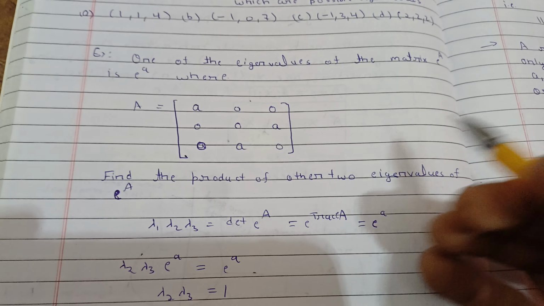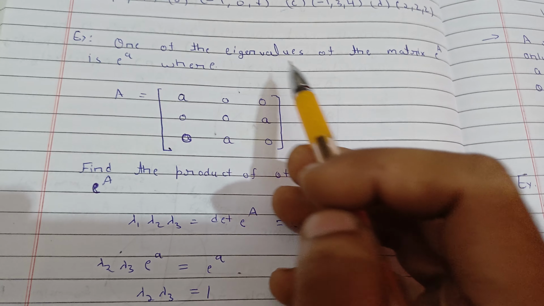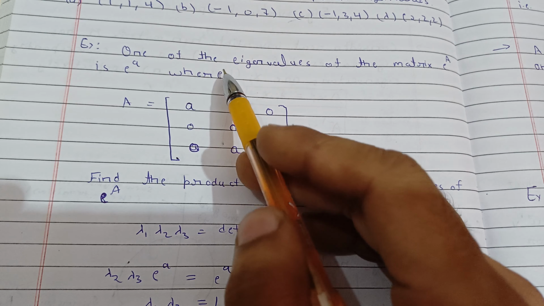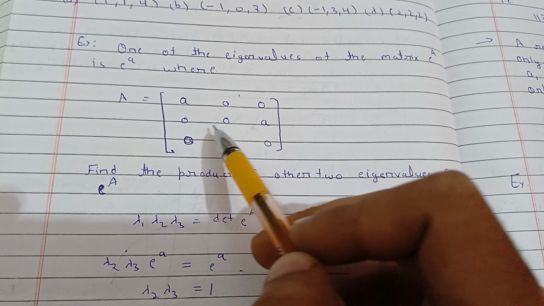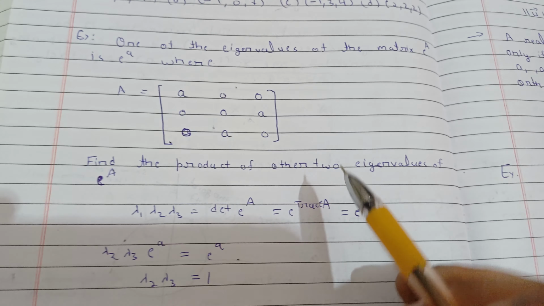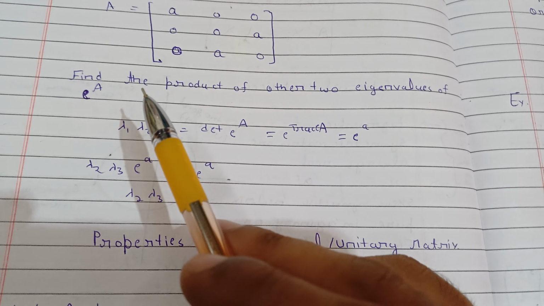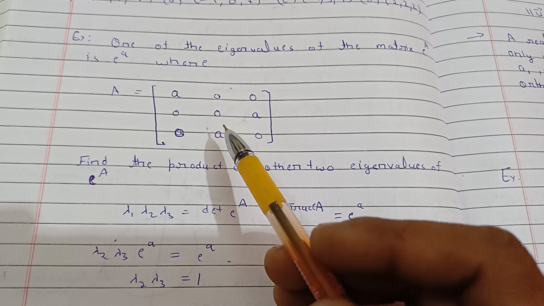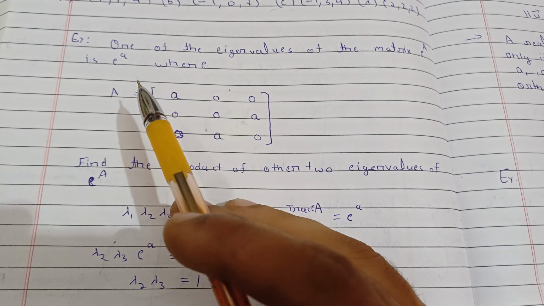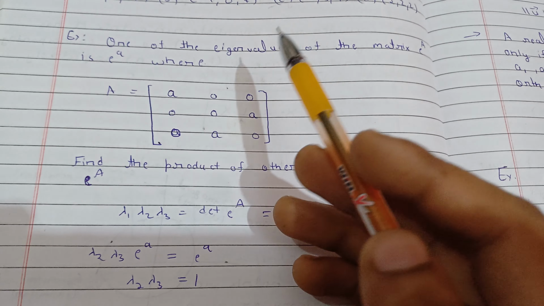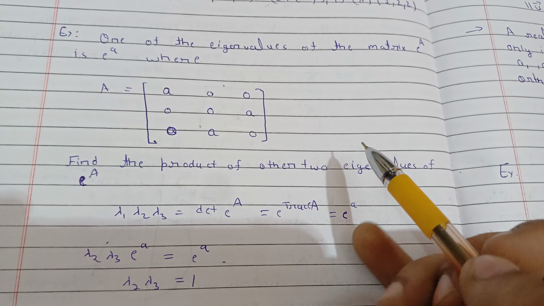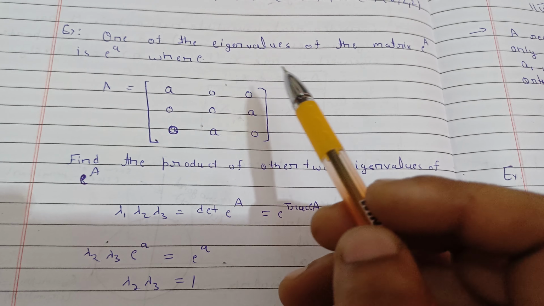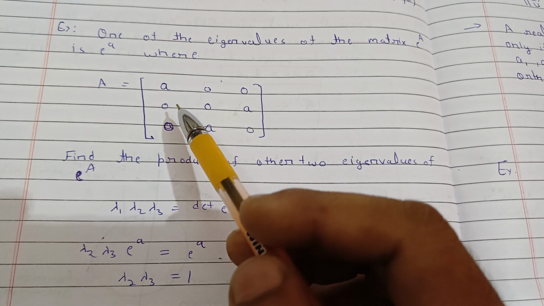Now there is one more question. One of the eigenvalues of the matrix e to the power A is e^a, where matrix A is this: a00, 00a, 0a0. Now find the product of the other two eigenvalues of e^A. It is of order 3 by 3, so one is given, and we have to find the product of the other two. We know that the product of all the eigenvalues equals the determinant of that matrix.